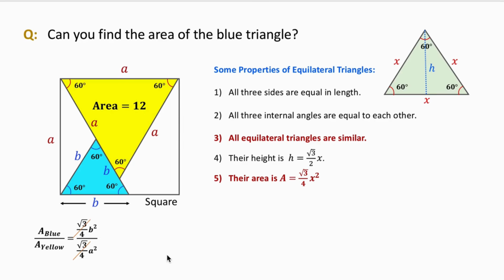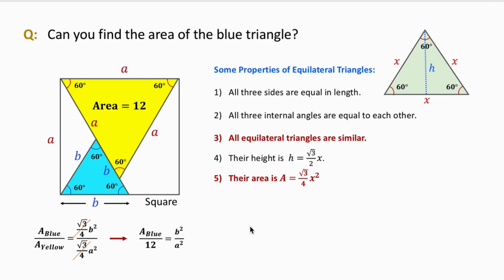This can be simplified to get this expression. If we can find a relationship between the side lengths A and B, we can determine the area of the blue triangle. Let's find it then.